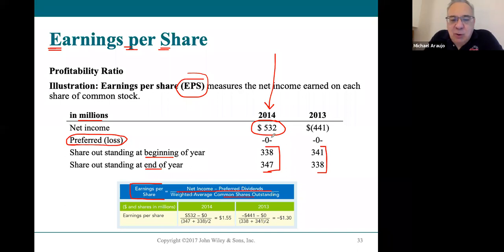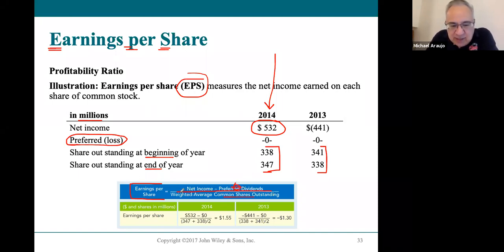But preferred stockholders get paid a dividend first before the common stockholders can share in any of the profit. The issue is that only about 7% of companies have preferred stock, which means out of every 100 companies that have stock, only 7 will have also issued preferred stock in addition to common stock. So in 93% of the cases, this number is always going to be 0.